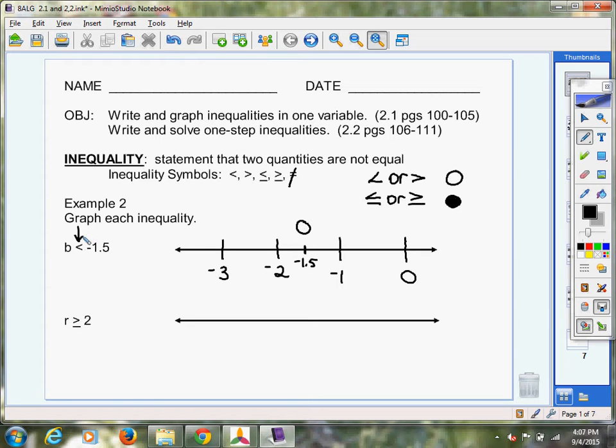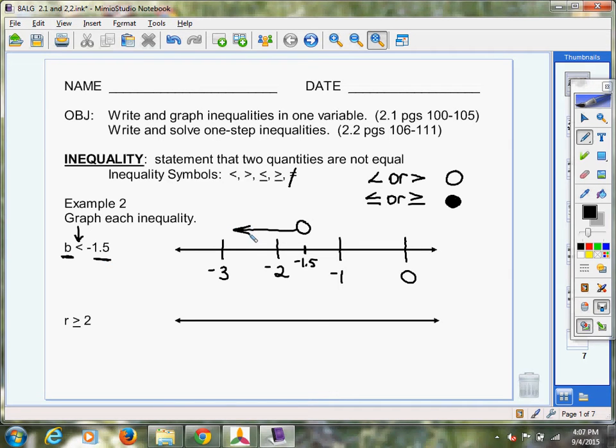You can use a neat shortcut that I've taught my previous algebra students. As long as your variable is on the left side, and then it's your inequality, and then it's your number, then the direction your inequality is pointing is the direction you draw your arrow. It's pretty neat.